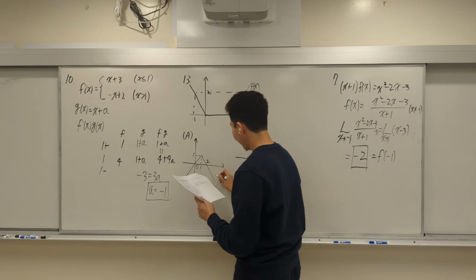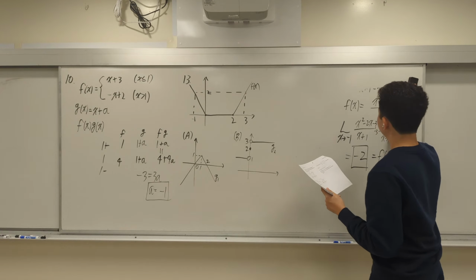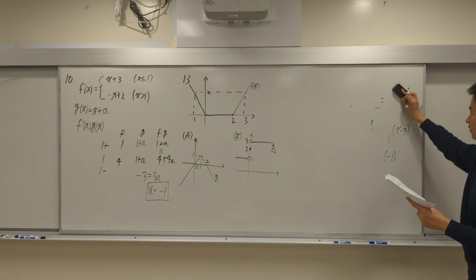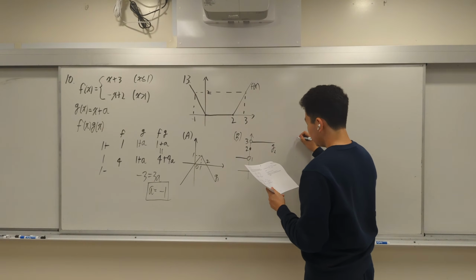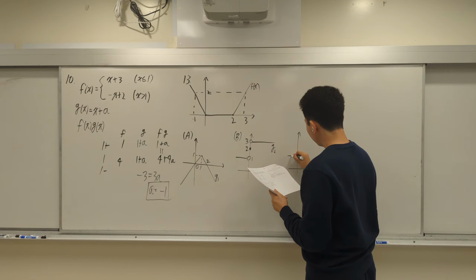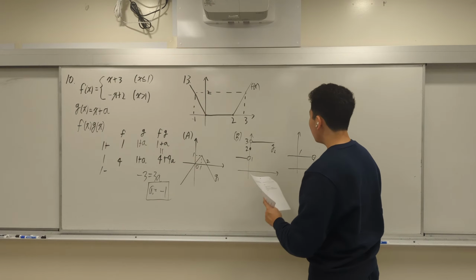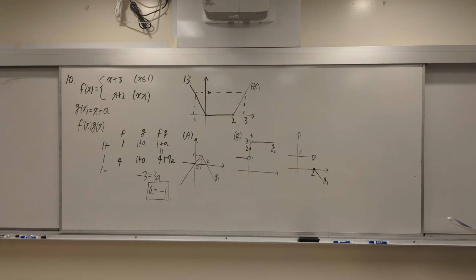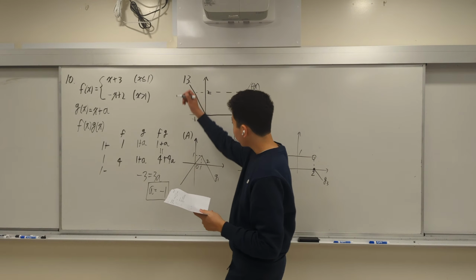So I labeled this G1 and G2, and our final option is G3. G3 is 1 and 2. Okay, so we have to figure out which one of these would work for negative 1 comma 3.